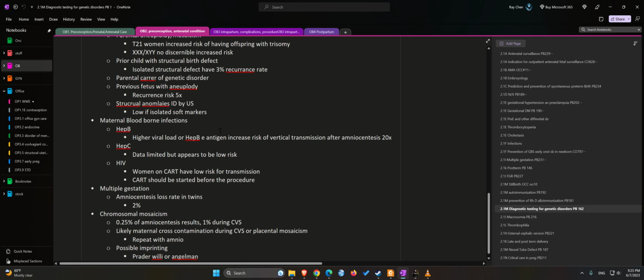Hep C has low risk. HIV patients on CART have low risk of transmission, and CART should be started before the procedure.